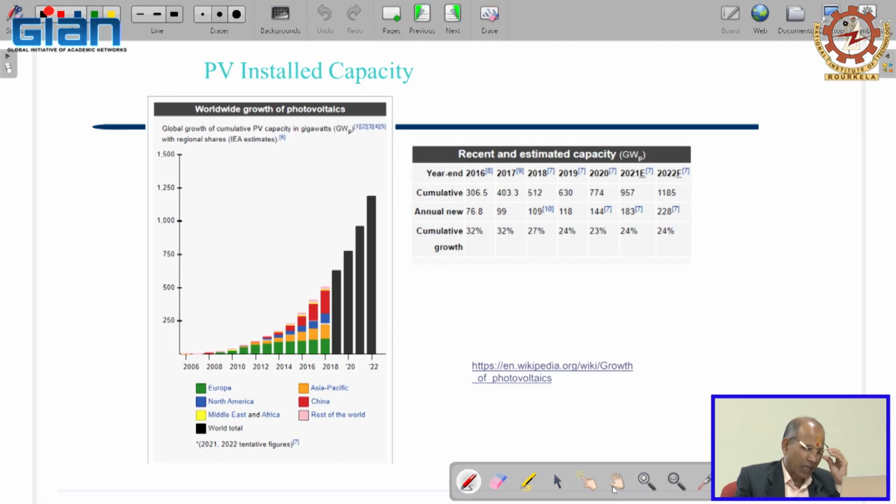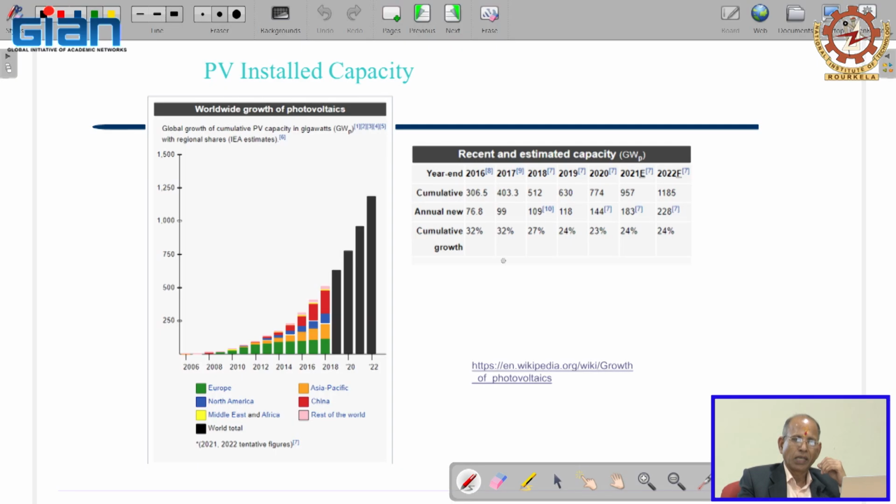You can see the trend: PV systems started integrating around 2008, 2009, but thereafter you can see the exponential growth. Particularly in the last 4 or 5 years, you can see how exponentially this PV installed capacity worldwide is growing.